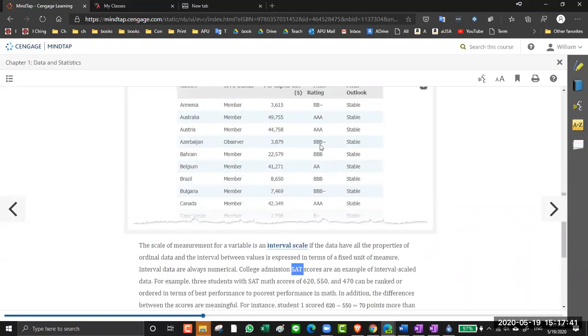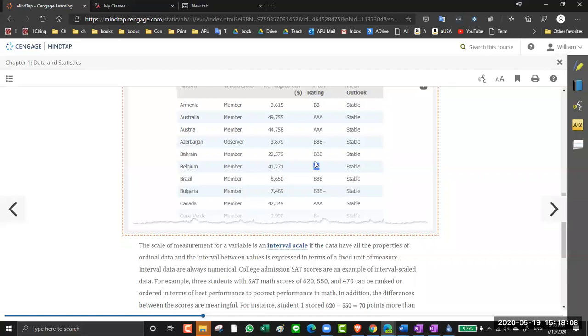Here, sorry. If one country is AAA, and this country is AA, everyone see that? Austria is triple, and Belgium is double. So who's got a better Fitch rating? Austria. But can you tell me how much better?